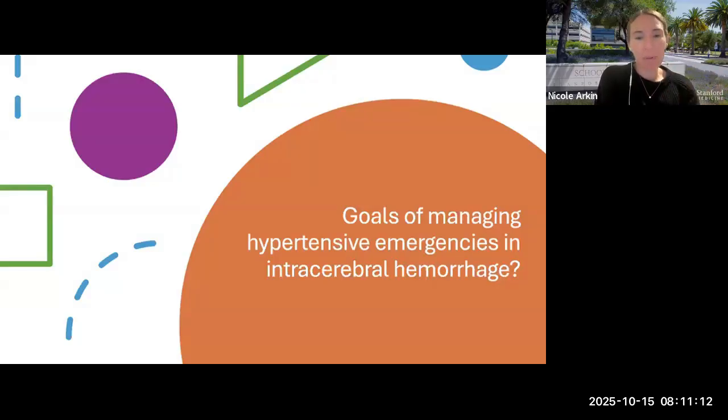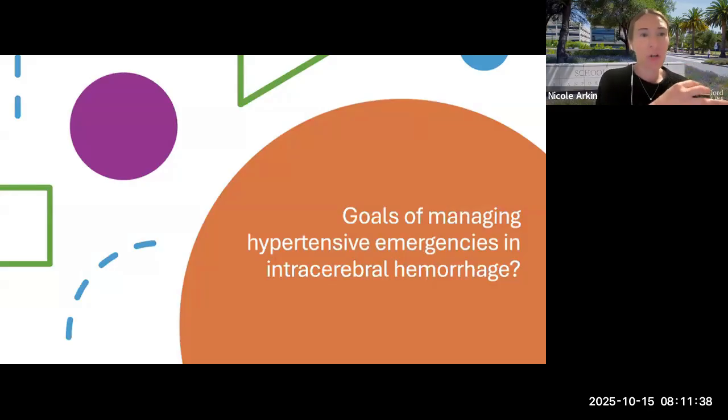When we're talking about hypertensive emergency, what we're worried about is a hemorrhagic stroke due to hypertension. What you can often see in ischemic strokes is a reflexive hypertension after the stroke. So we try to lower the blood pressure a little bit after an ischemic stroke so we don't get hemorrhagic conversion.